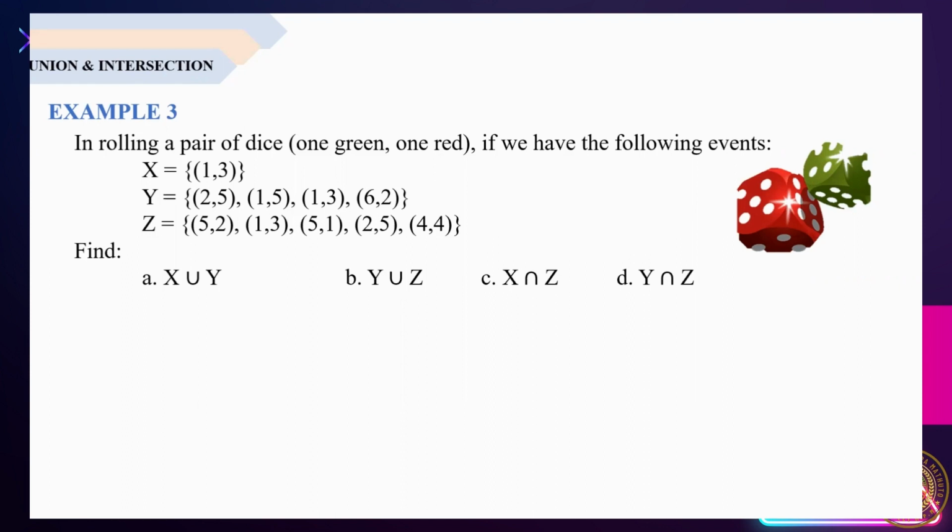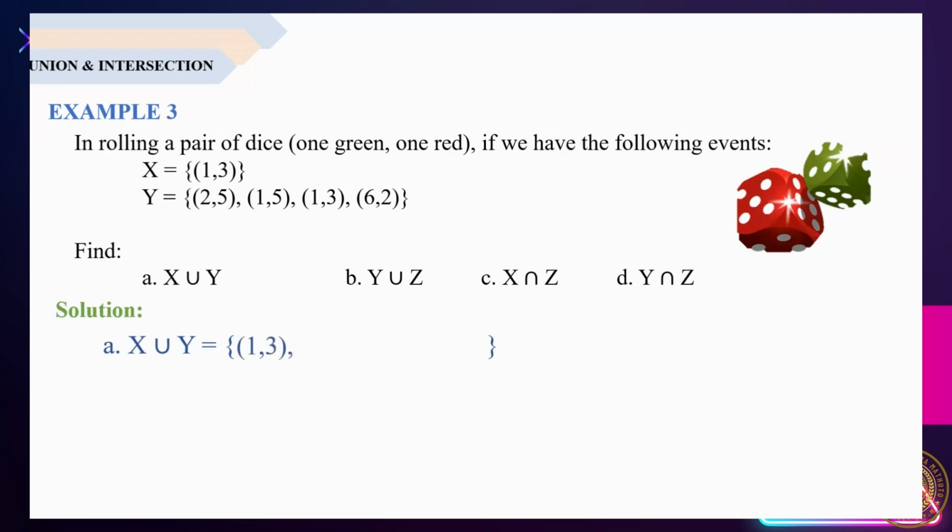So unahin natin isolve ang letter A. So we have to find the union of X and Y. So, focus muna tayo sa X and Y. So, ibig sabihin, pag sinabi natin union, pagsasamahin lang natin yung events na meron sa X at yung events na meron sa Y. And kapag meron silang common, we have to write it as 1.